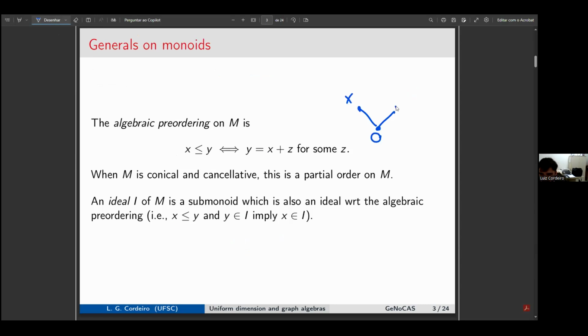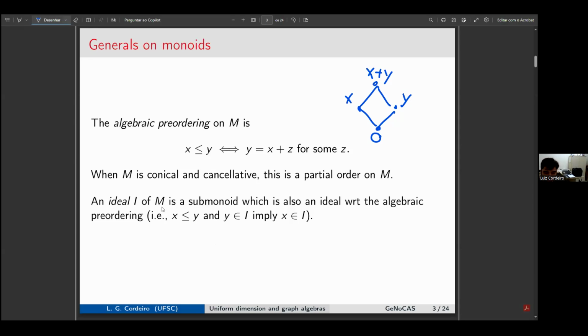All the other elements are on top of it, and if we add elements, we keep going up on the associated graph of the monoid. When the monoid is conical and cancellative, then that is actually a partial order on M. Otherwise, it's just what is known as a preorder.